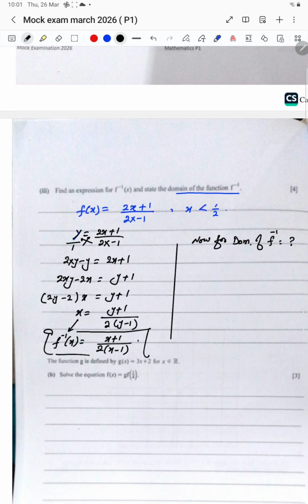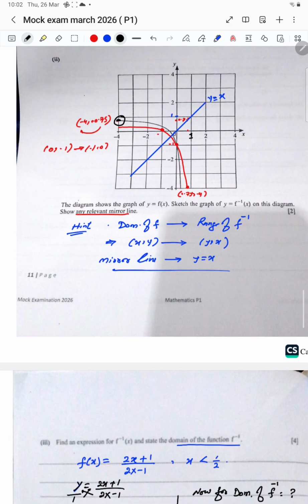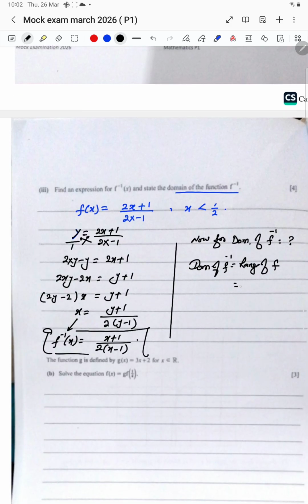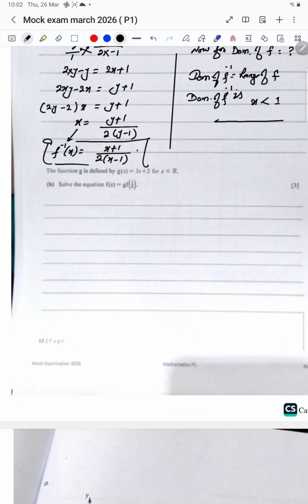So the domain of f inverse is x less than 1. That's 1 mark for this. I hope it is very much clear from the graph.